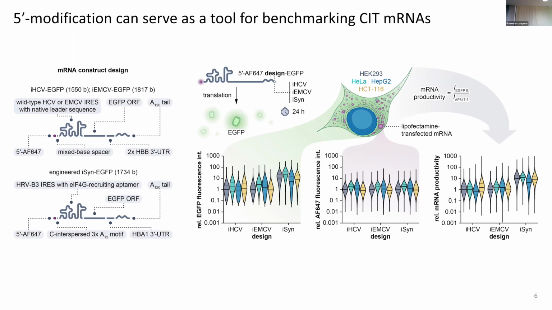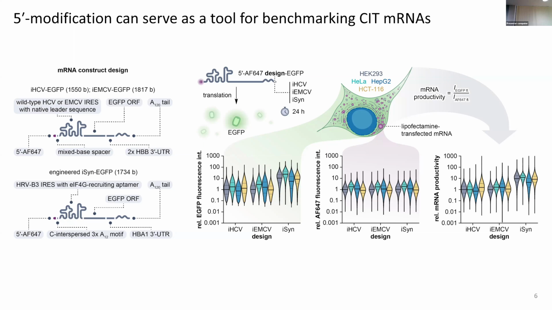And just to give you the idea of the normalization concept, we can see that the raw expression of the reporter protein in HeLa cells is higher than in HEK293 cells for the IHCV construct, but if we look at the amount of the mRNA delivered, it looks also similar.